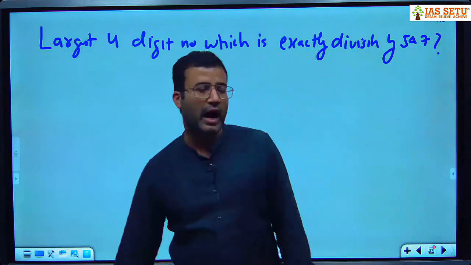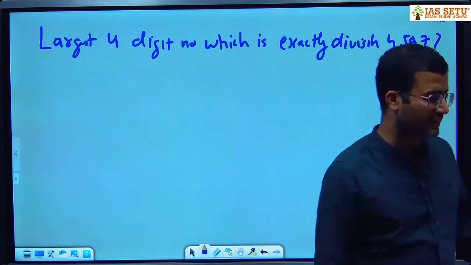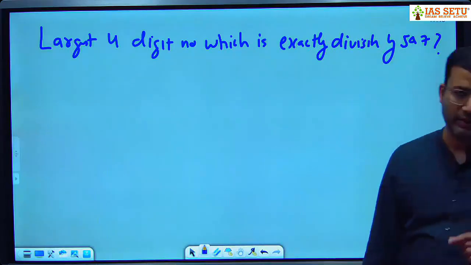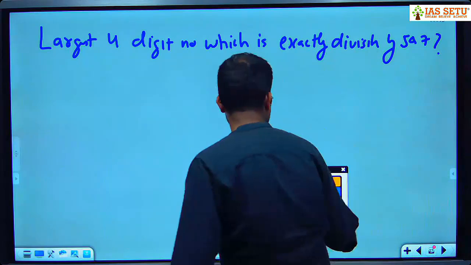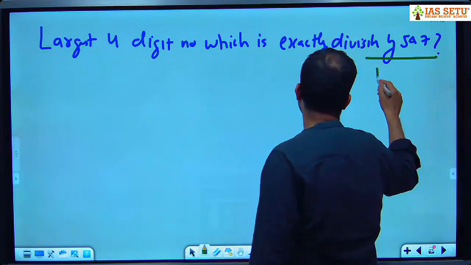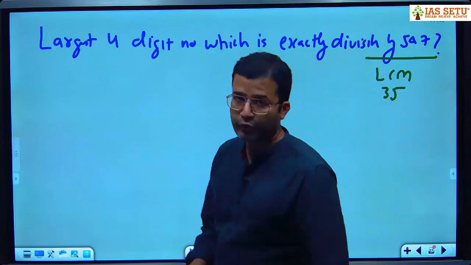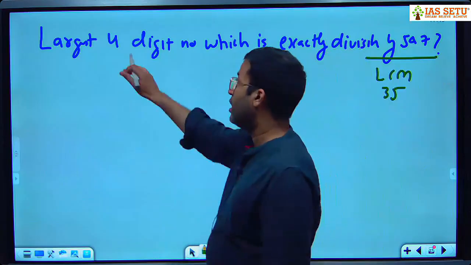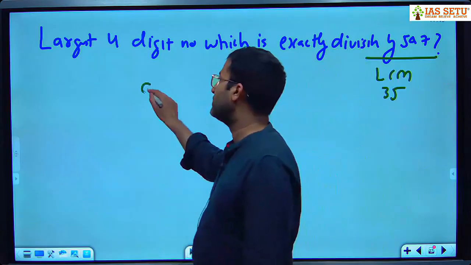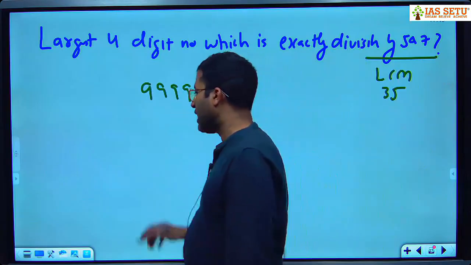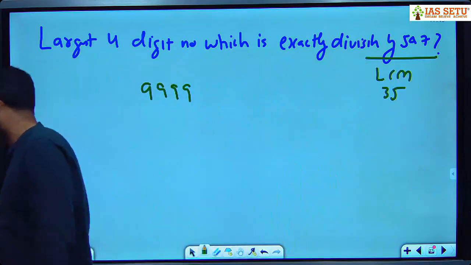Step number 1, it is asked divisible by 5 and 7, which means LCM. That is 35. And we are looking for a multiple of 35. What is the largest 4-digit number? 9999. When we take largest, 9999 comes.